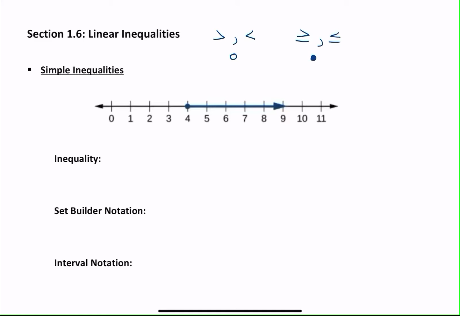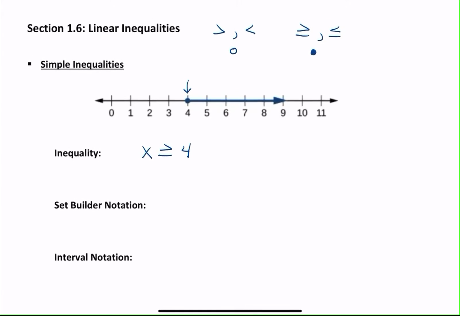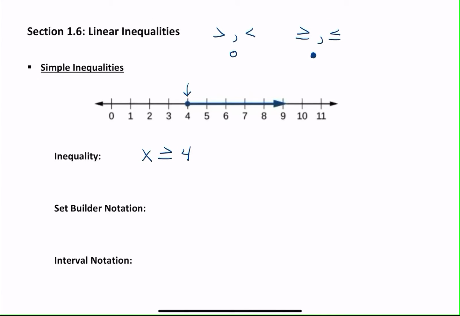So if we're going to graph this inequality on the number line, we're going to say x is greater than or equal to 4 because it's colored in on the 4 and going to everything greater than, so up to infinity. So that's as an inequality. Set builder notation is just a fancier way of writing an inequality.